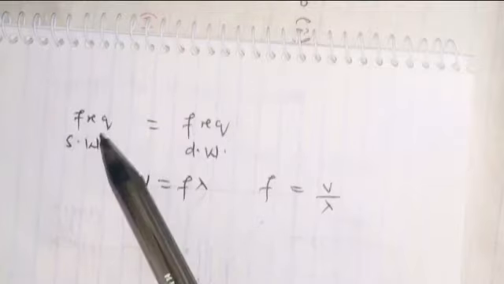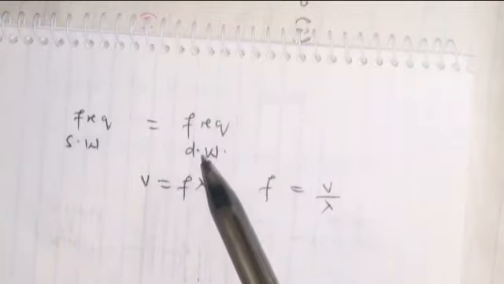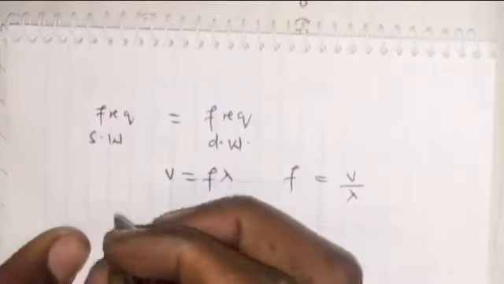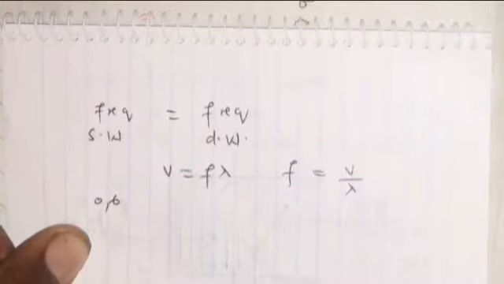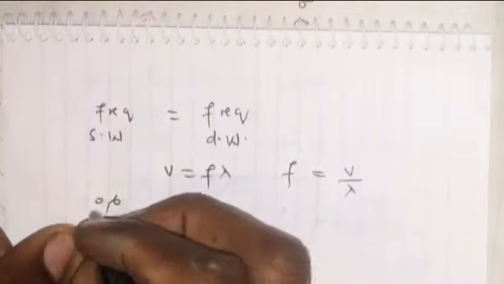So if F is equal to V over the wavelength, and we are saying that the frequency in shallow water is equal to the frequency in deeper water, then the frequency in shallow water is 0.6 meters per second, which is the velocity, over the wavelength in shallow water.